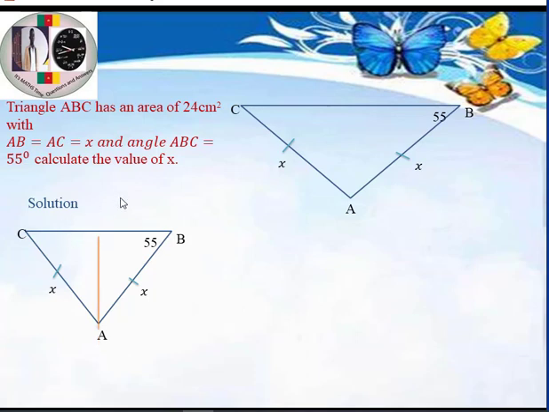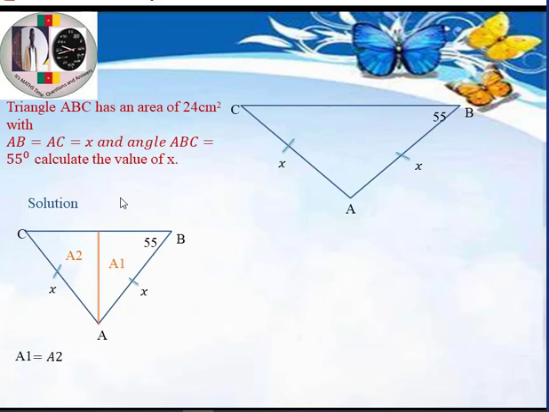So let's divide that into two equal parts. So we'll have two equal right angle triangles, which we will call right angle triangle A1 and right angle triangle A2. If we have these two right angle triangles, then A1 must be equal to A2.